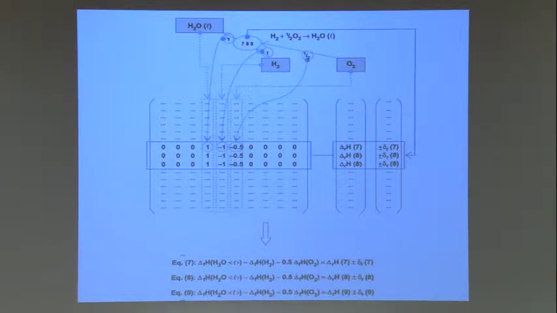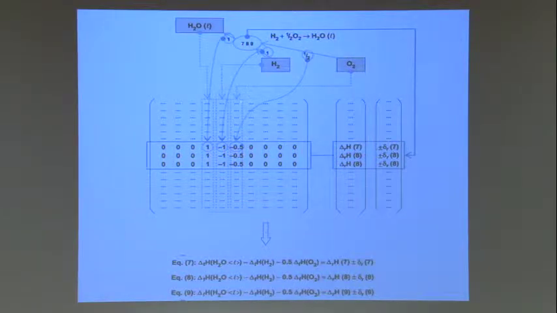And this is, if you like, an illustration of what's going on. So what we've got down here are entries for water, for hydrogen, and for oxygen in this big matrix. And here's a reaction in which we take hydrogen plus half oxygen and form water. So water is being produced, and then H2 and a half O2 are being used up.